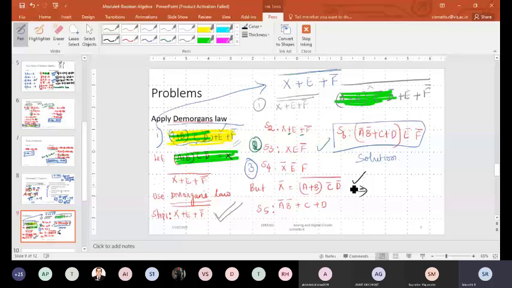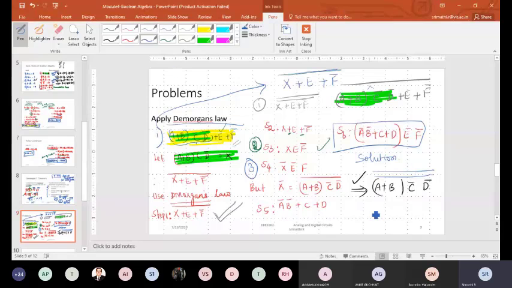I think you are getting it, because in the previous step you have X bar. So yes, X bar is nothing but A plus B into C bar D bar, the whole bar. According to De Morgan's law, the first step is to complement the entire function. So I am complementing this entire function. So the double bar will cancel.